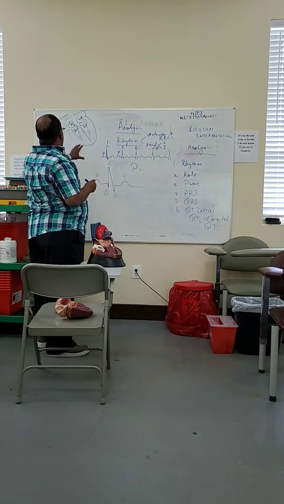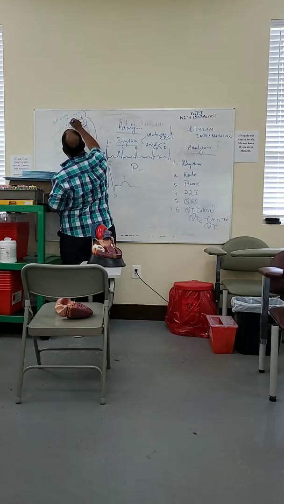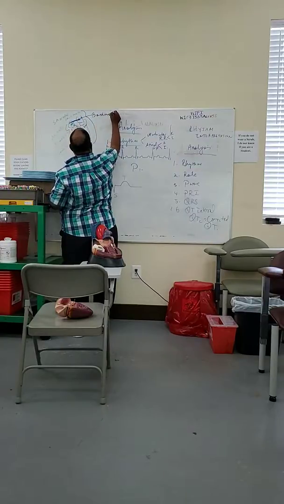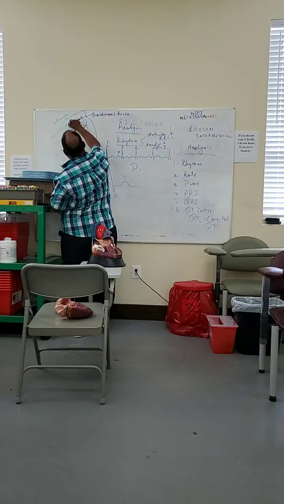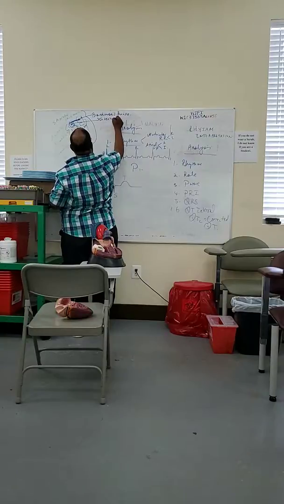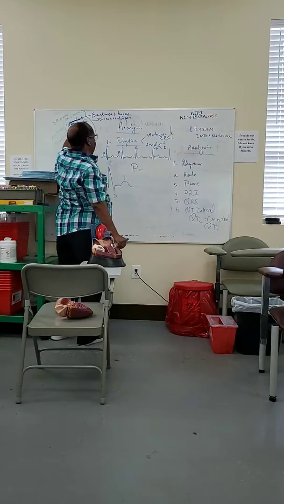Yes? So, the electrical impulse starting at the SA node first goes to the right and left atrium. So it goes to the left atrium through what we call this bundle here. Okay, that is what we call Bachmann's bundle. And then it goes with 3 internodal fibers to the AV node.